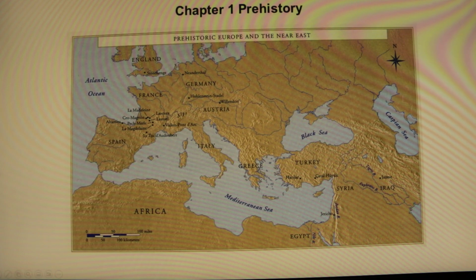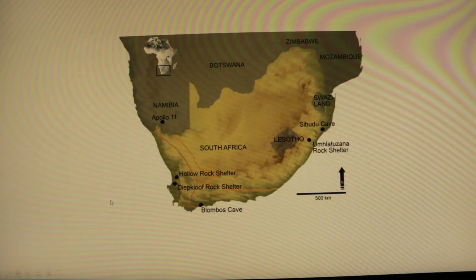We're also going to look in here. But when we move down to Africa, we're moving way down to the south, and there we're going to find a painting that is really one of probably earliest things we've ever found.